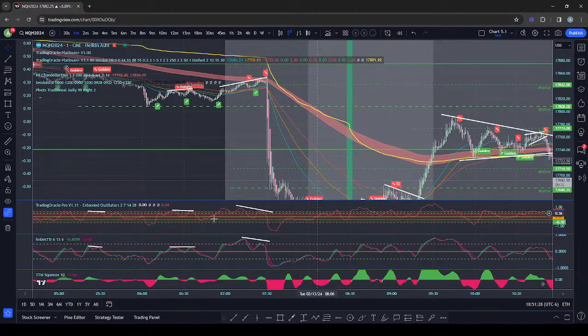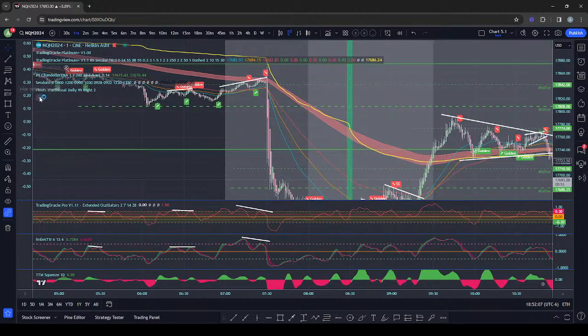The second one is a TSI, which is free from TradingView, with the settings 6, 13, and 4. And the last one, I'm really liking because it really helps with some of my decisions. This is the TTM squeeze, and I have just changed the setting on that to 10. It's been working quite well, so I'm going to leave this on for a while and see how everything turns out.